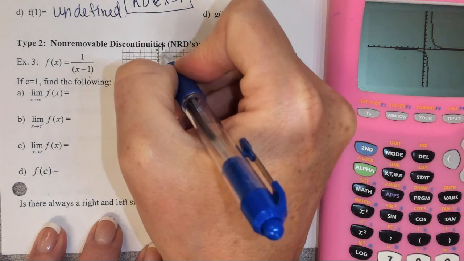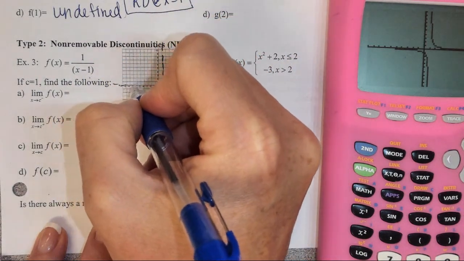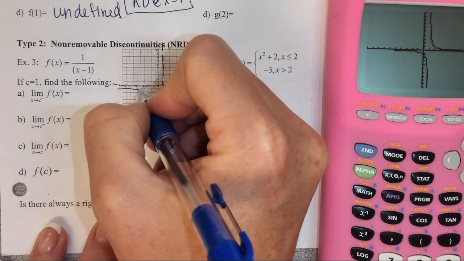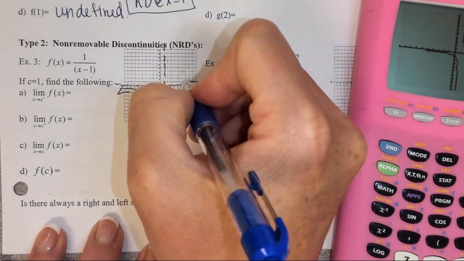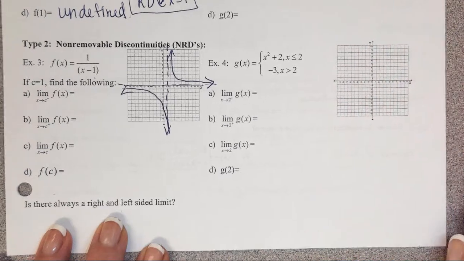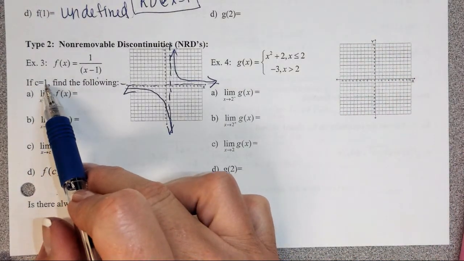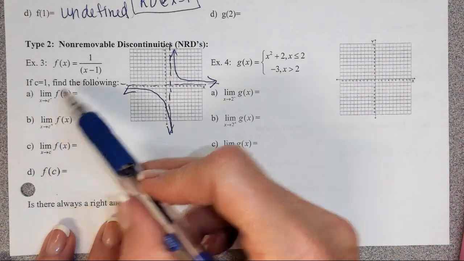We have a vertical asymptote at 1. We have a horizontal asymptote at 0. The function goes way down like this. We don't have to be real super exact. Just kind of an estimate here. And way up like that. Now, following the function, it says when c is 1, find the limit as x approaches 1 from the negative side.